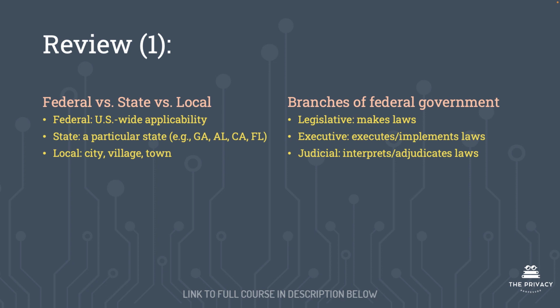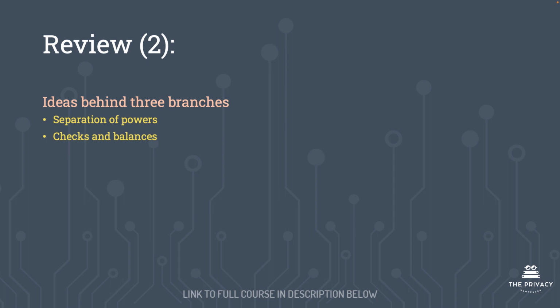And a local law would apply to one smaller territory, such as a city, a village, or a town. We talked about the three branches of the US federal government: legislative, executive, and judicial. And we ended by talking about the two ideas that support this organizational structure. Those are separation of powers and checks and balances.